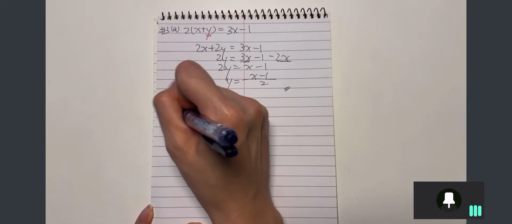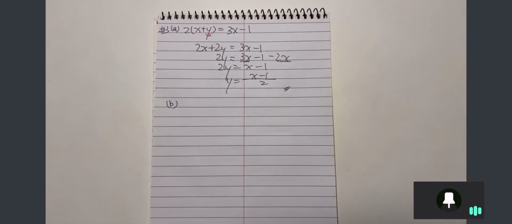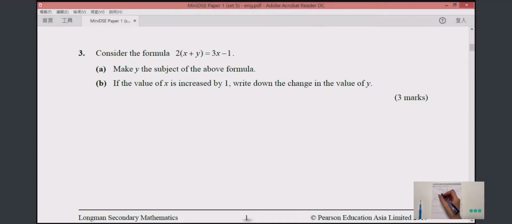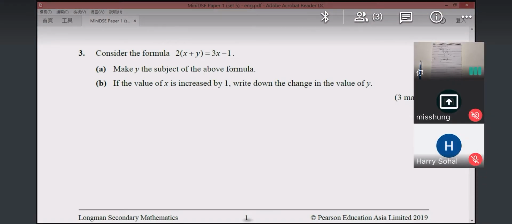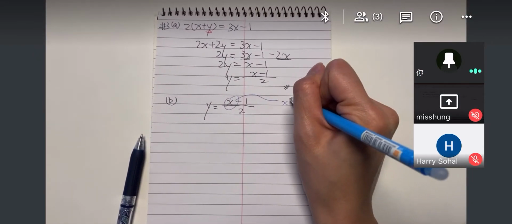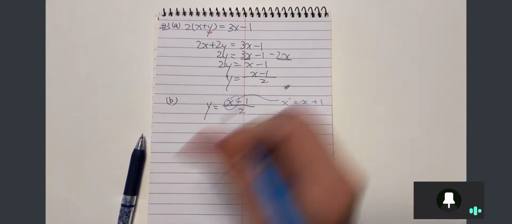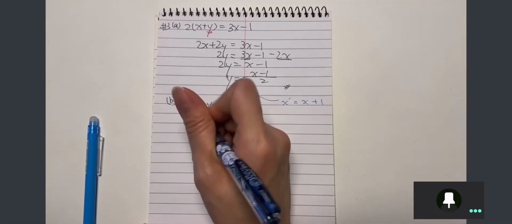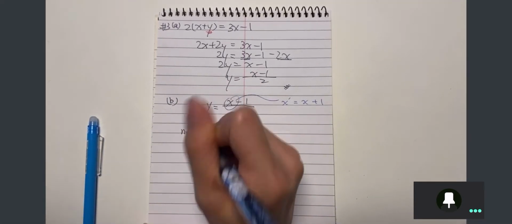And then for part B, if the value of x is increased by 1, write down the change in the value of y. From part A, you can see that y is equal x minus 1 divided by 2. So if the new one is the old one plus 1, you may write down the new y.